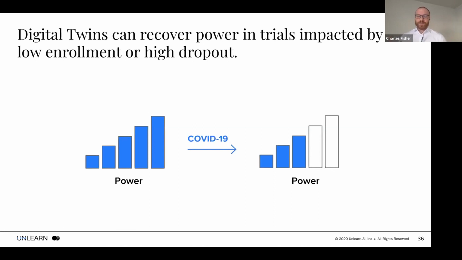And then we've seen incredibly high rates of dropout or low enrollment because patients are not able to participate or to continue to participate in a trial because of, in this case, the COVID-19 pandemic. So instead of having 1,000 patients, you might only have 500 patients. And that decreases the statistical power and makes it much more likely for your clinical trial to fail, even if you actually have an effective drug.